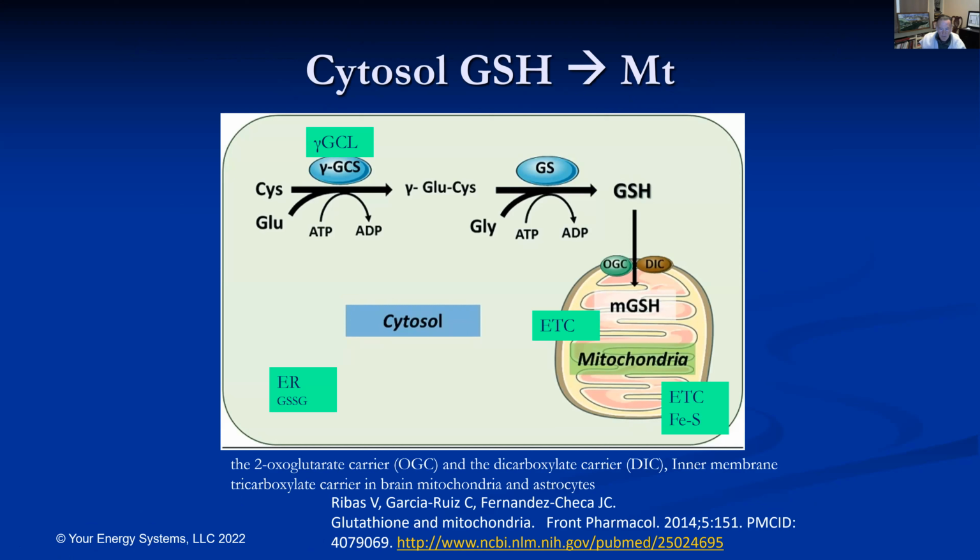Glutathione is transported by two independent pumps into the mitochondria, and this means that the free radicals that are formed during energy production can be neutralized by glutathione that's been absorbed from the cytosol, from the surrounding area inside the cell.